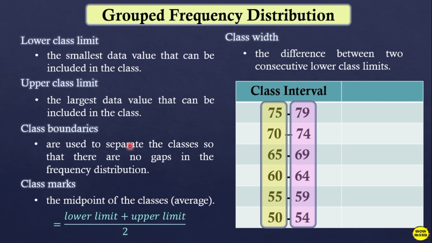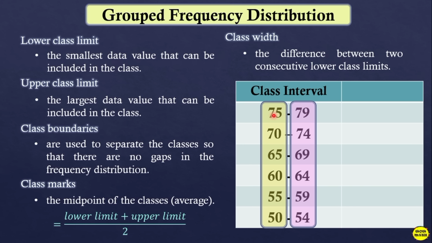Now, when we say class boundaries, ito nga po yung common para walang gaps. Since magkahiwalay sila ng classes, right? So, ano yung kanilang boundary na kung saan para walang gap na mangyayari? So, ang gagawin po natin, magsusubtract tayo dito ng 0.5. Dito naman mag-a-add tayo ng 0.5.